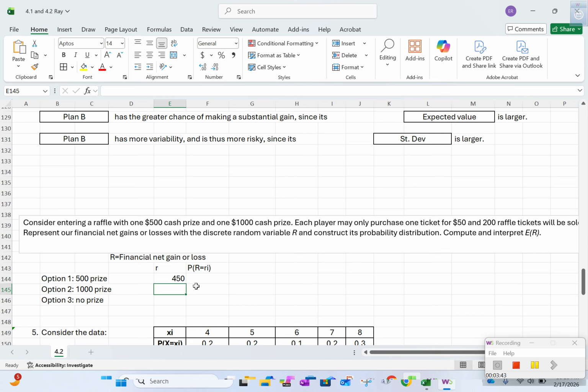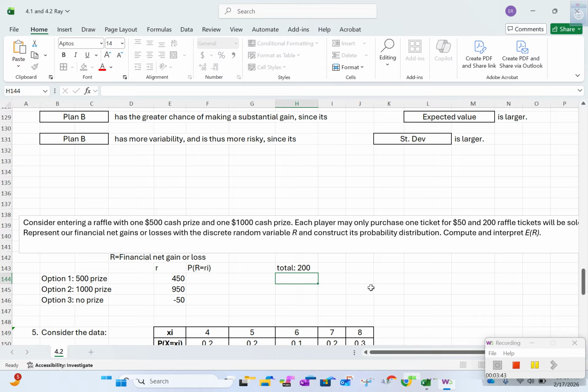Similarly, with the $1,000, I'm going to be winning money, so it's positive, but it's going to be $950 rather than $1,000 because I had to spend that $50. Now, if I win no prize, then I have no money, but I also spent money to get into the raffle, so that would give me a negative $50 for that one. And now, all we have to do is calculate the probability of each. That's where the 200 comes into play. They give us the total is 200, and they are all equally likely, okay?